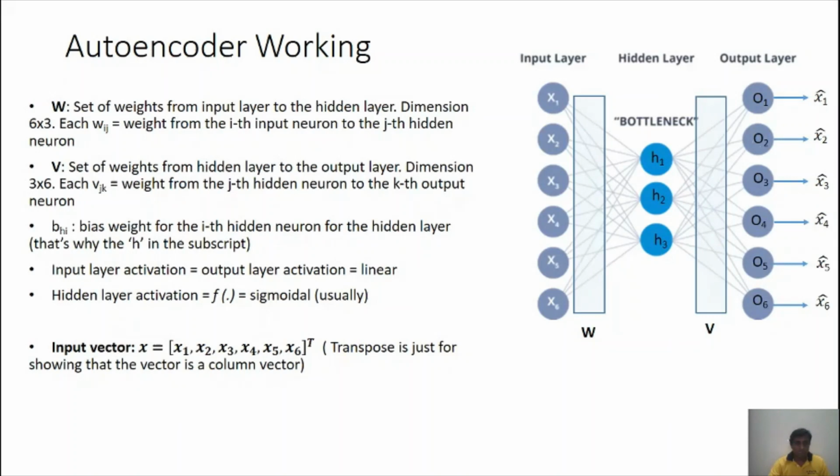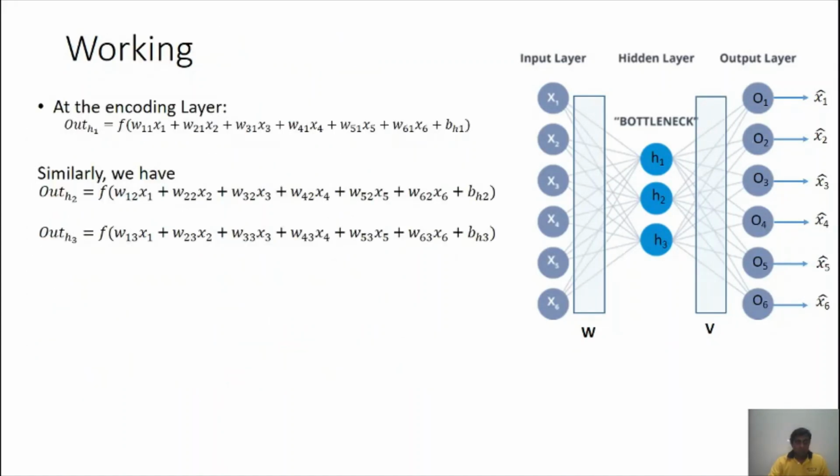So you have the input vector, which is represented by the vector x. You can see here the input vector is input here, and you get the corresponding output as x cap. So at the encoding layer, the output of the hidden neuron 1, given by out h1, is nothing but the weights corresponding to each input neuron to the hidden neuron.